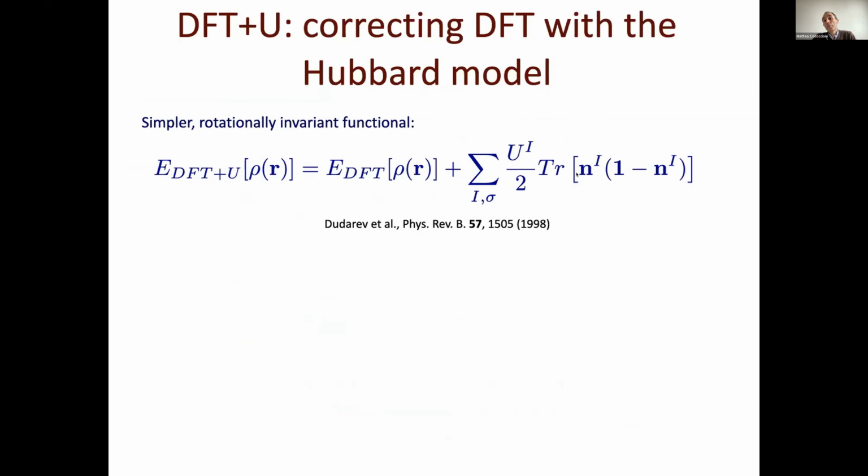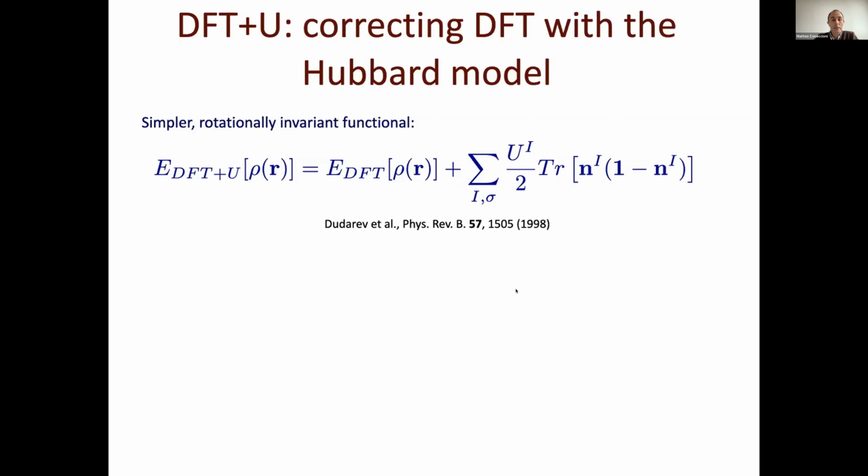So Ni is the occupation matrix of the ion, of the cobalt, let's say, ion that we're considering. So we multiply Ni times 1 minus Ni, and what you get is a constraint that pushes the system towards having Ni equal to Ni squared.